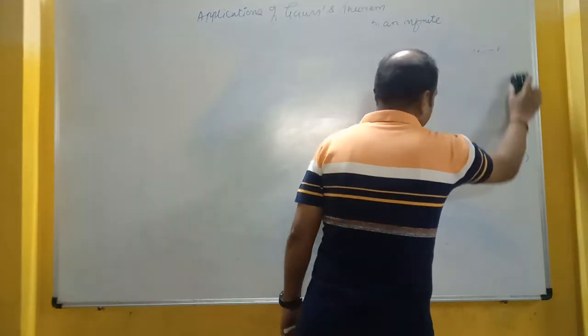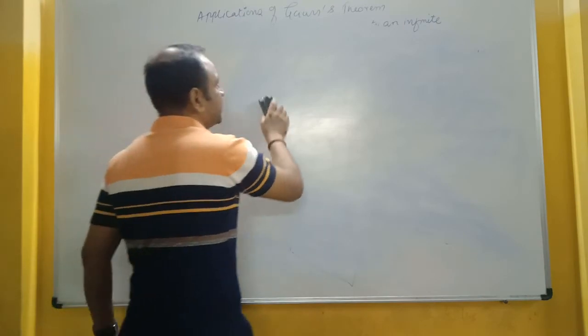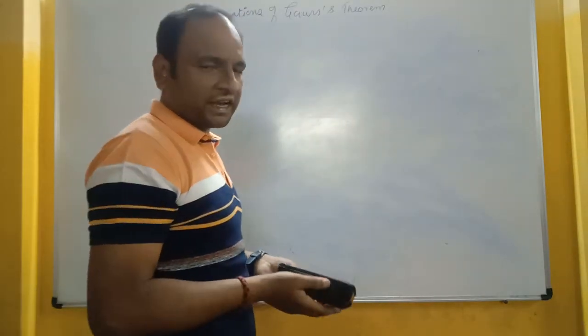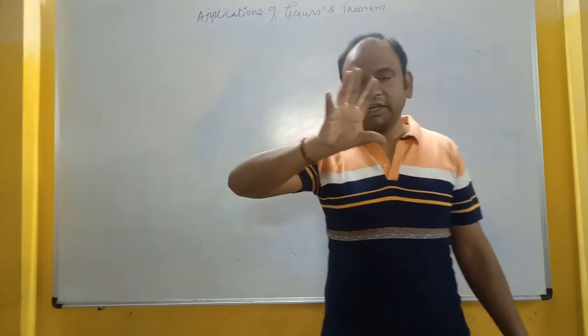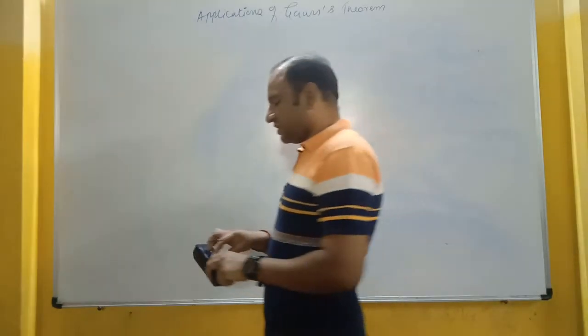As I discussed in the introduction, a thin shell is a hollow sphere, and whenever you give charge to a hollow sphere, that charge is distributed uniformly over the whole area of that sphere.